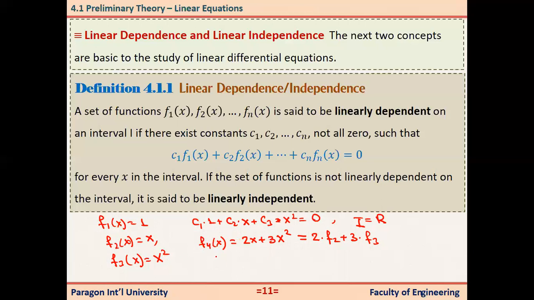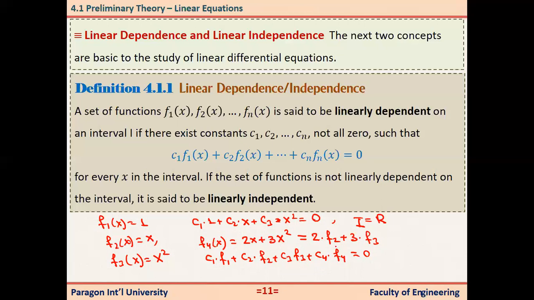Because if I write C1 times F1 plus C2 times F2 plus C3 times F3 plus C4 times F4, can I find four constants C1, C2, C3, C4, at least one of them not equal to 0, where this produces 0? It is possible, right? Because this F4 is just a linear combination of 2 times F2 and 3 times F3.